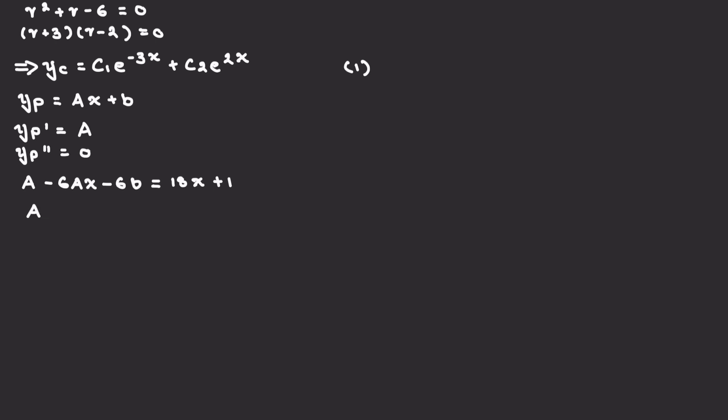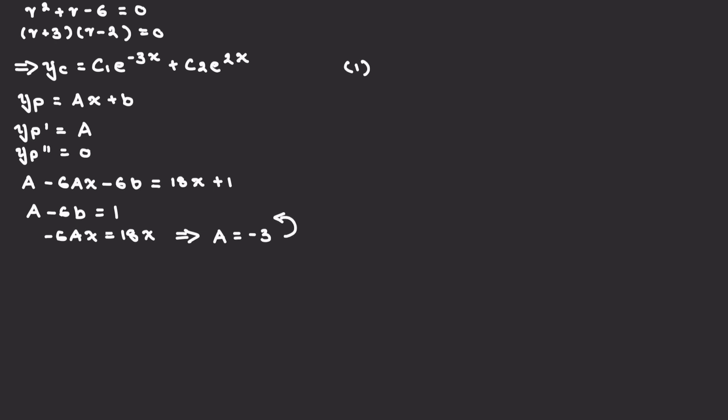our a minus 6b doesn't have any x, so we can equate it to 1, and our negative 6ax is equal to 18x. Solving the second equation, we get a equals negative 3.